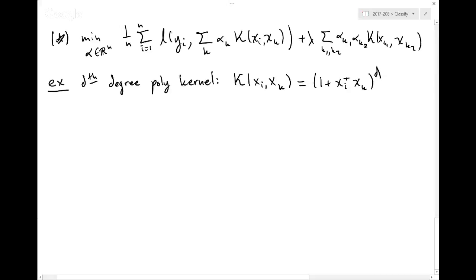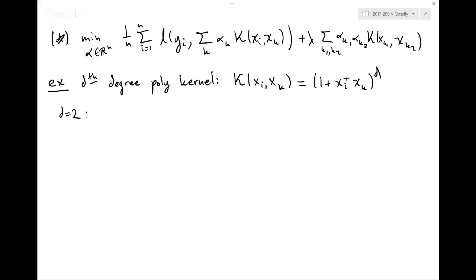So xi, in our example before, was a two-dimensional x. So for d equals 2, for example. I've just made up this kernel, right? Well, I didn't make it up, but this is a common kernel that's used. If you gave me an xi and xk, I could compute it.